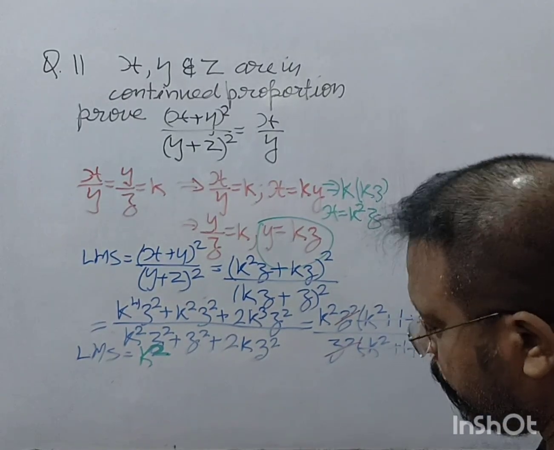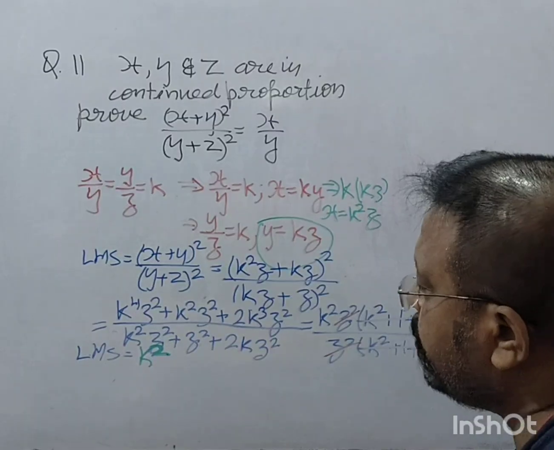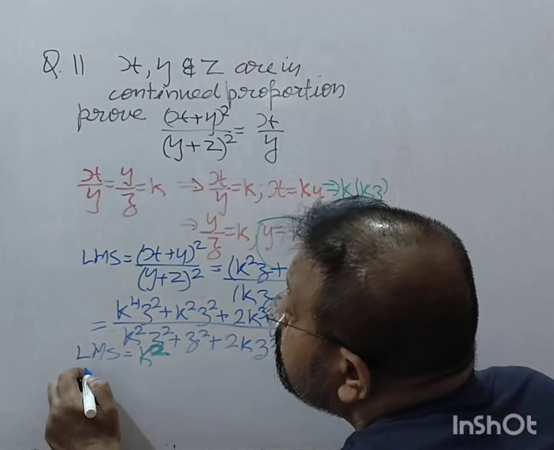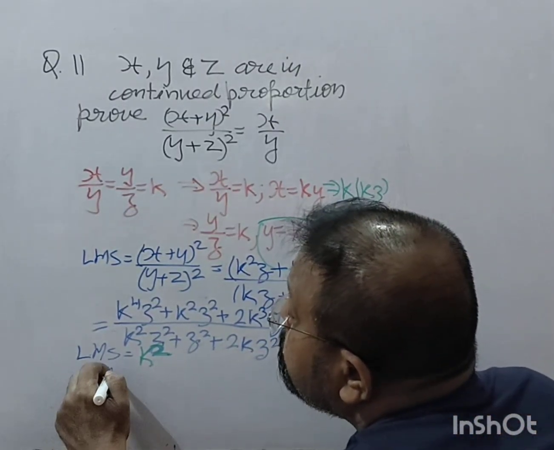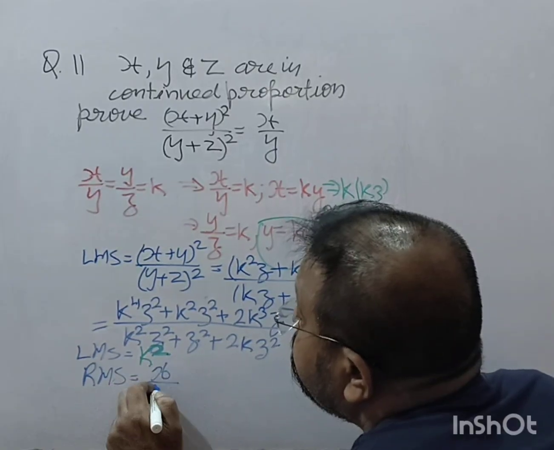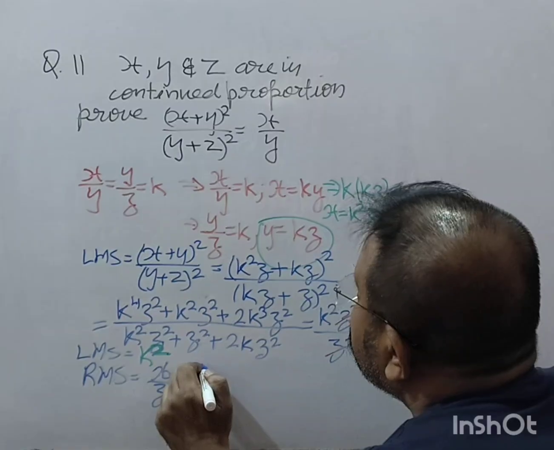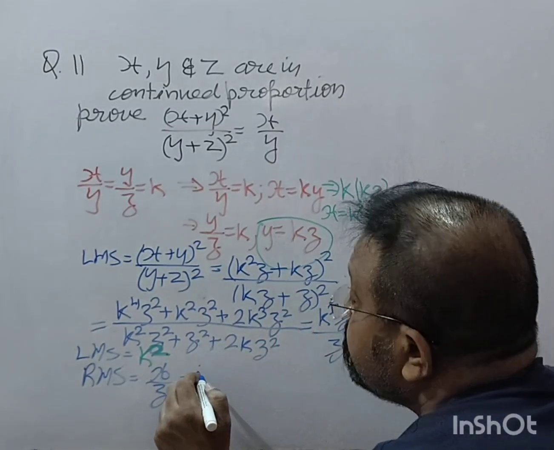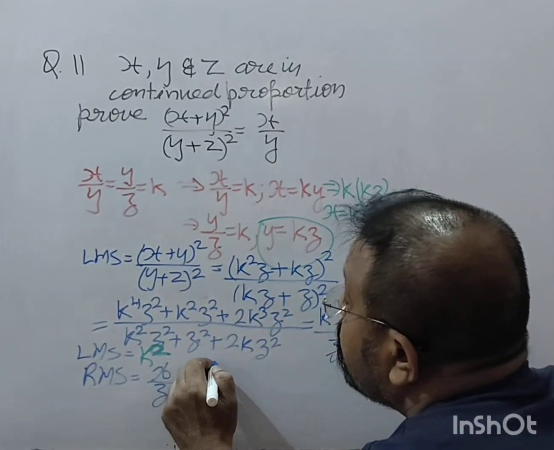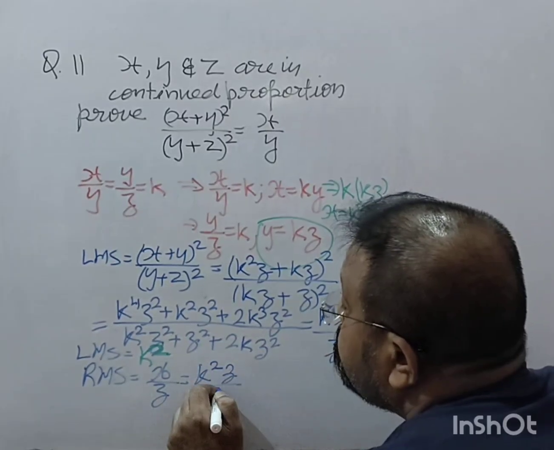Now if we take RHS, RHS is equal to x upon z. So x is equal to k square z, upon z.